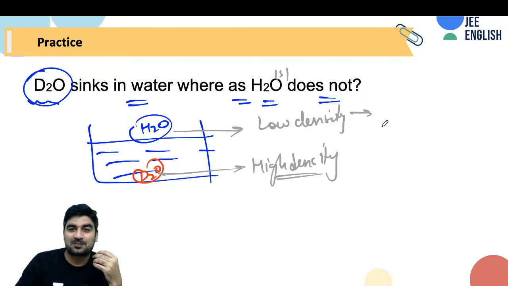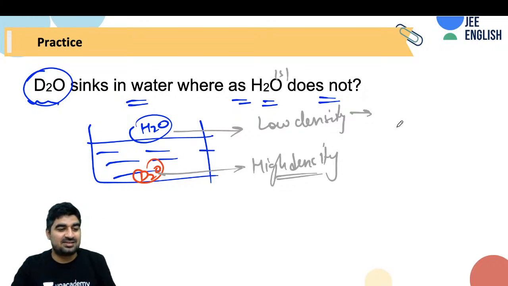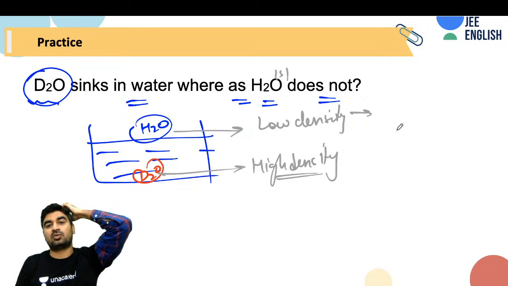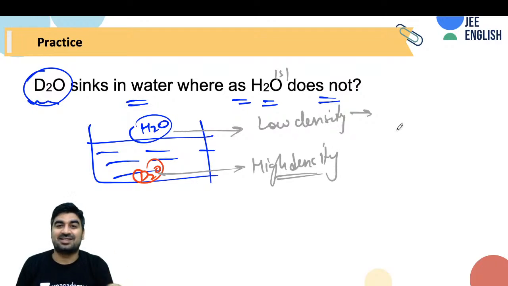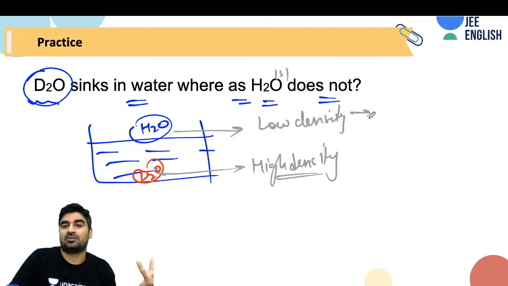Can you tell me now? Yes, I just explained it in today's class. Ice has a cage-like three-dimensional structure which has voids or vacant space, and those voids occupy a large volume, so density will be low. What is density? It is mass by volume.